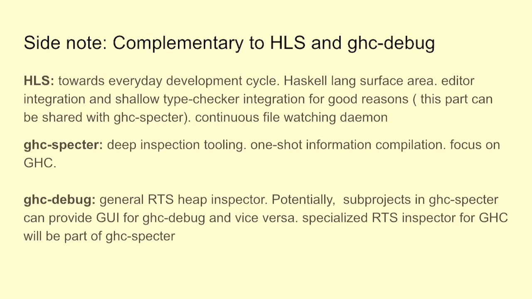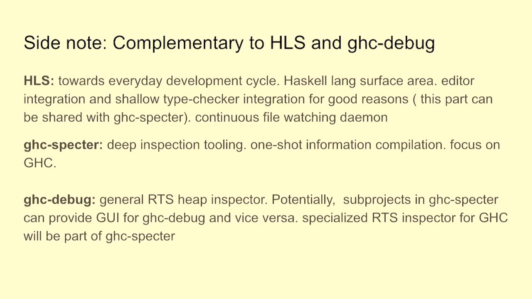This is very complementary in a sense, right? HLS is towards the everyday development cycle, and it's more focused on the surface layers, like the Haskell language and type checking, and iterating as long-running sessions. But ghc-specter is very deeply focused on the GHC pipeline itself. I really want to see all the details of GHC up to the final binary code.